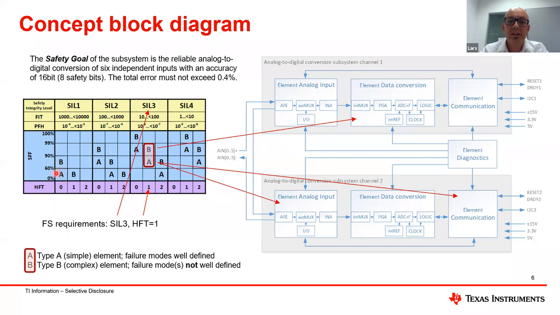We do not need additional diagnostics. But if you decide, for example, to add a DAC, for example, to test your AD converter, to set certain voltages, then you have the options to have a per channel diagnostic without test, or you do a common one with additional tests.